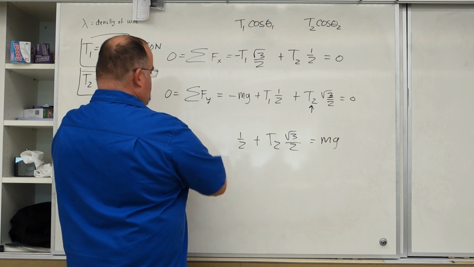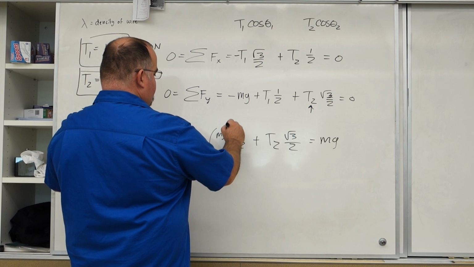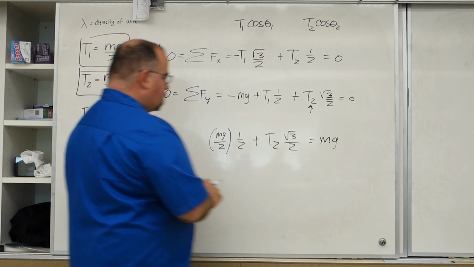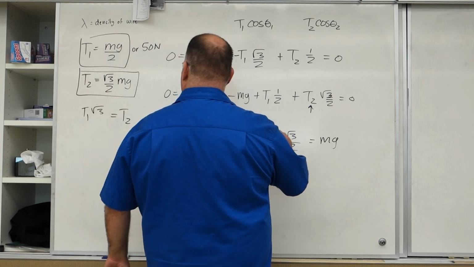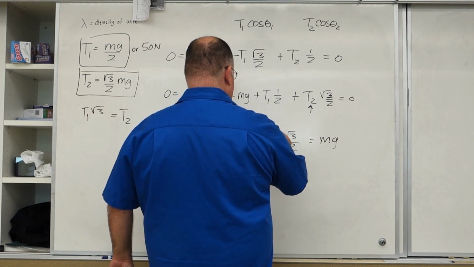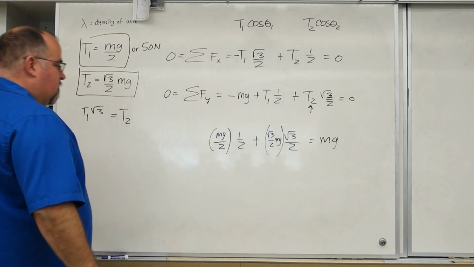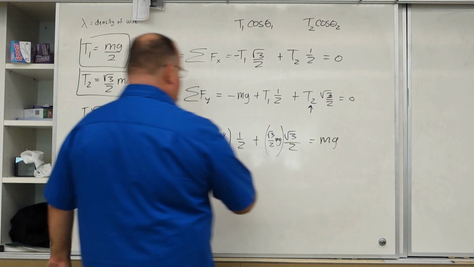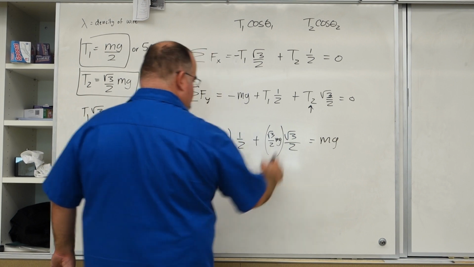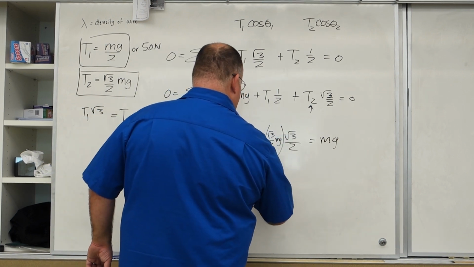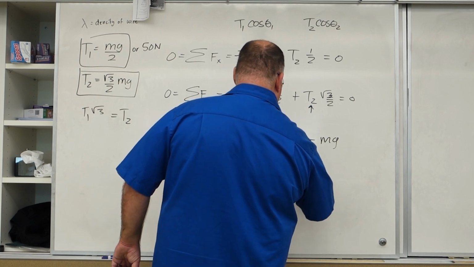T1 is mg over half, T2 is mg times root 3 over 2. See if this works. This is the point of no return here. mg over 4 plus 3 over 4 mg equals mg.